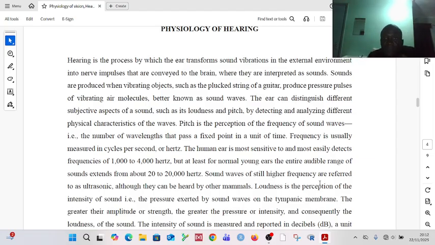Okay? When you talk of frequency, frequency is measured in cycles per second. So how many cycles can pass a particular fixed point in a second? Such cycles per second have an SI unit that is called the hertz. Okay?